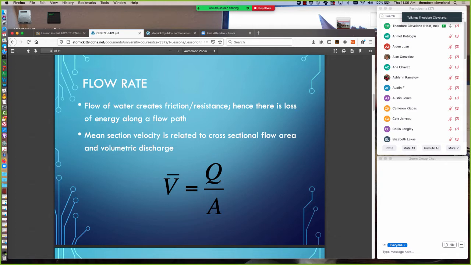If we divide the flow rate by the cross-sectional area that it's passing through, the result is called the mean section velocity.